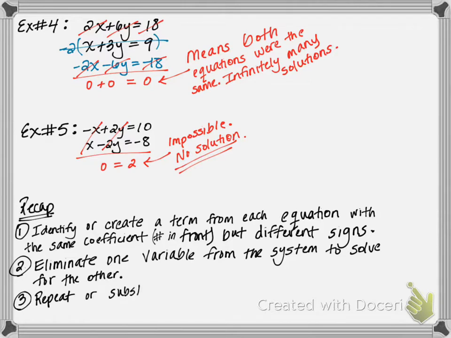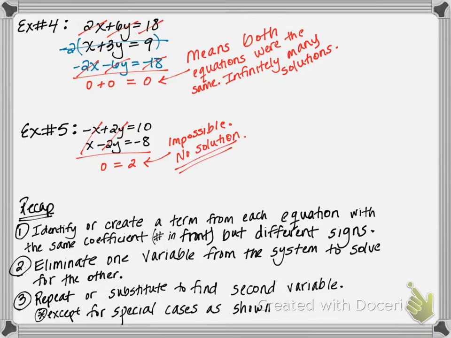Then, step 2, eliminate one of the variables to solve for the other. And step 3, you can either repeat this process again for the other variable or use substitution to find that second variable. Except for the special cases as shown above where we have infinitely many solutions or no solution at all.